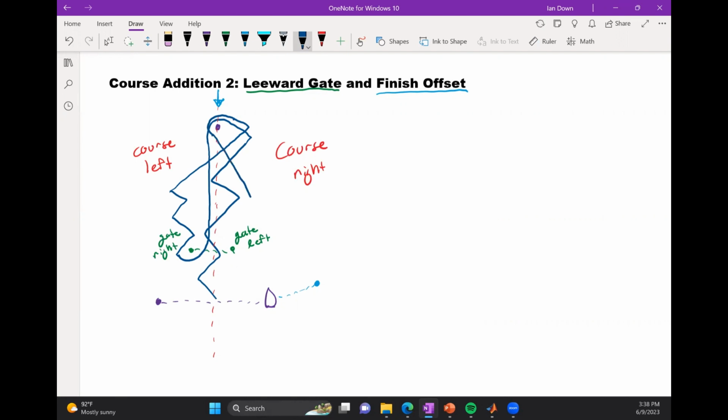So I'm going to sail this way, kind of on a broad reach, maybe all the way through the finish line. So let's count the number of legs. We've got one upwind, one downwind, second upwind, and a second downwind. So that's a W4, 4 legs.